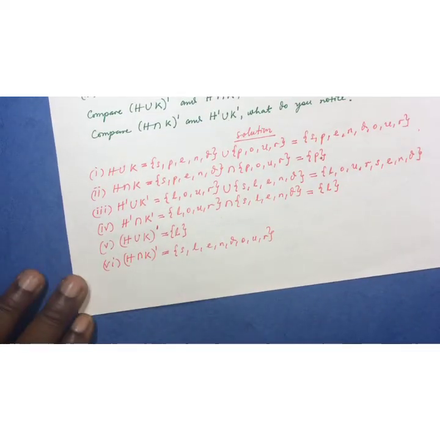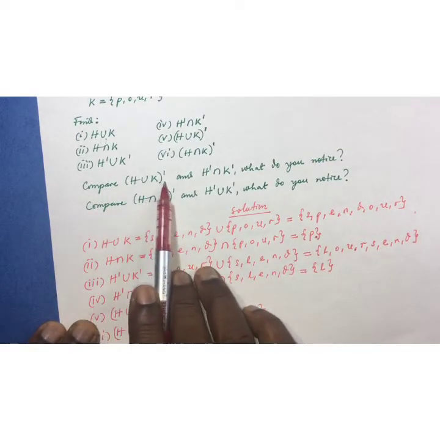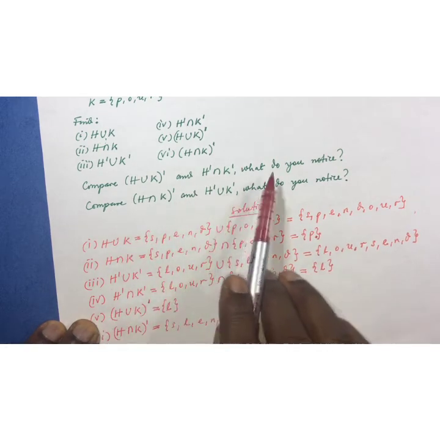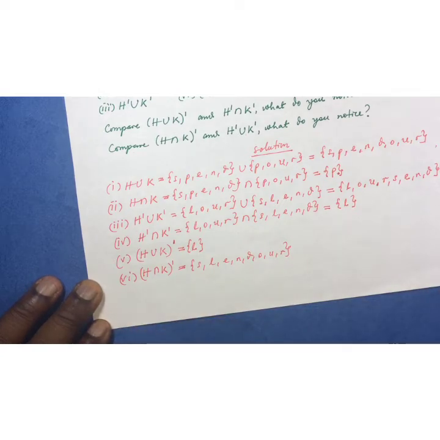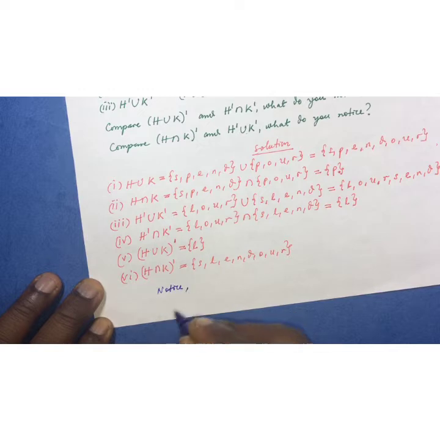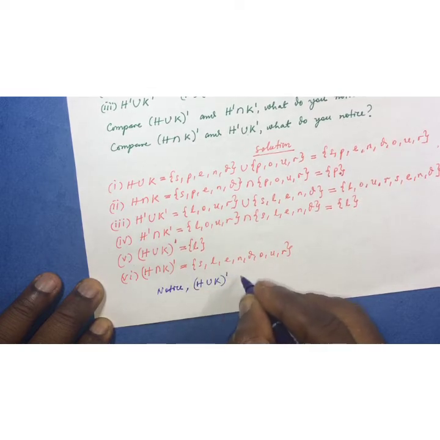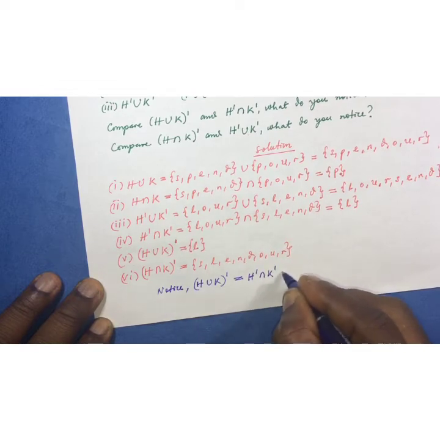Okay, now for the next thing we want to do, we were asked to compare H union K complement and this. We were asked to also compare this and this, and see what we notice. For the first one, the first thing we'll notice is that H union K complement is equal to H complement intersection K complement.